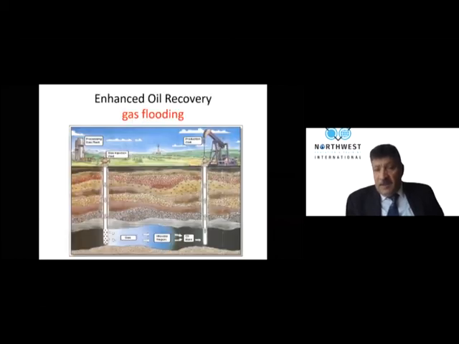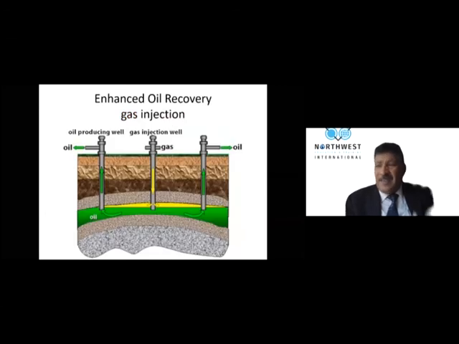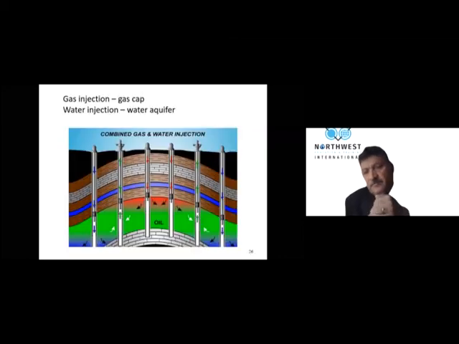If somebody asks you, can we do 2-in-1? Can we do gas injection and water injection in the same field? The answer is yes. We can do as you see in the slide. We have two processes or two operations in one field.